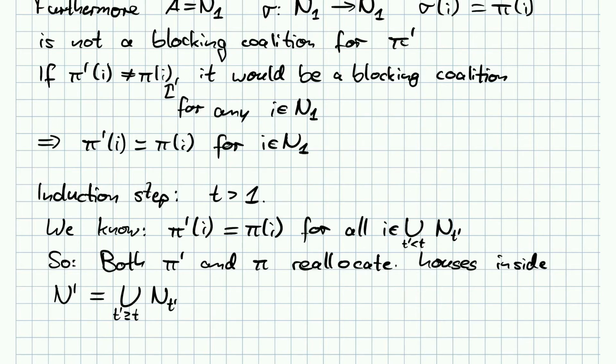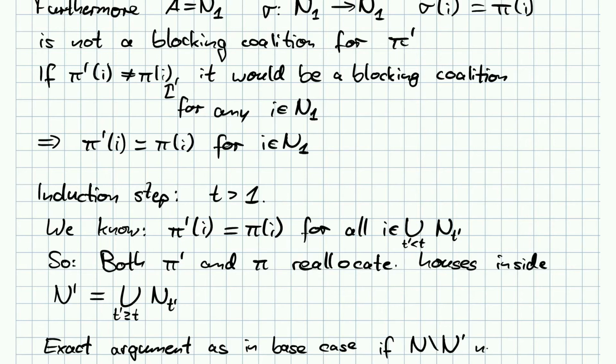So what we can say is that this is the exact argument as in the base case. If n take away n prime never existed.